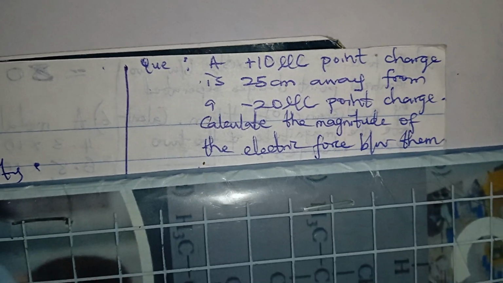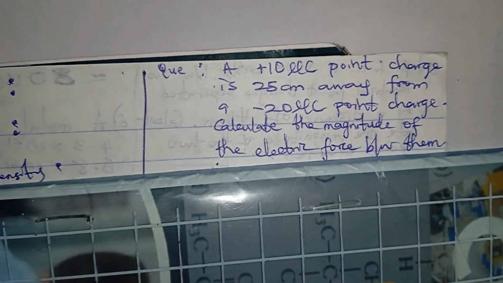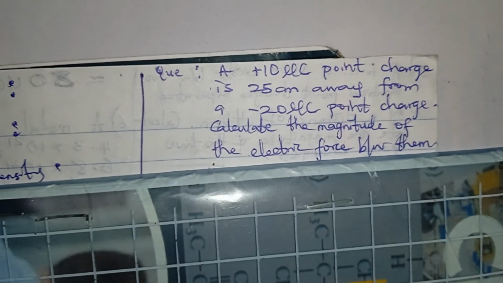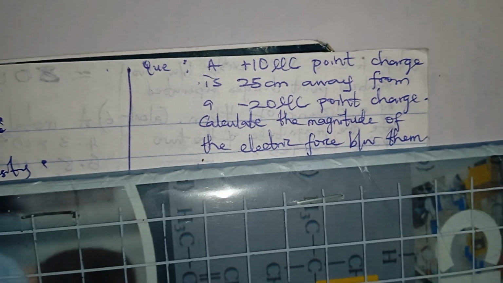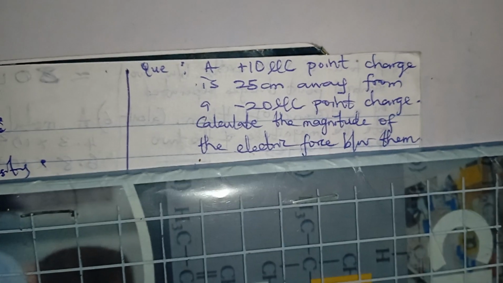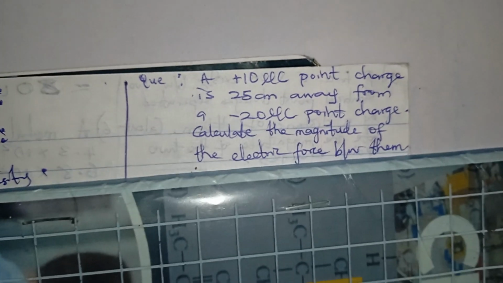Now, the question is: a 10 microcoulomb point charge is 25 centimeters away from a minus 20 microcoulomb point charge. Calculate the magnitude of the electric force between them.